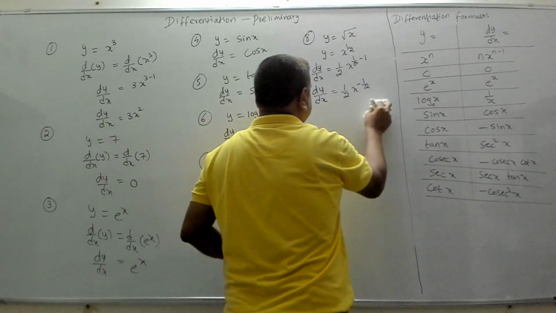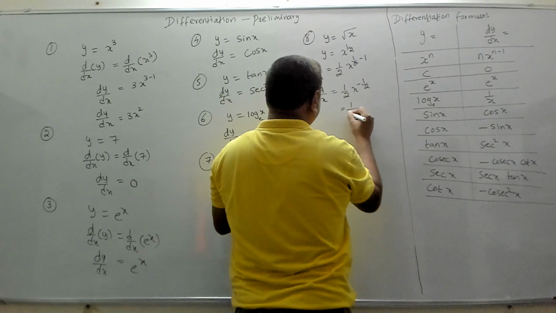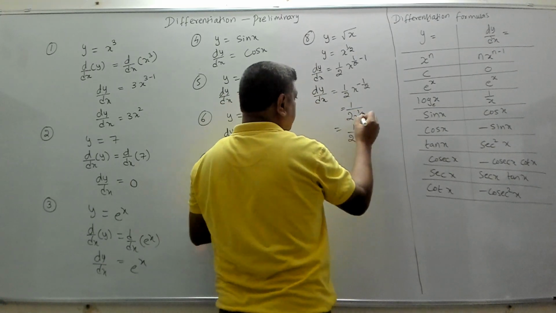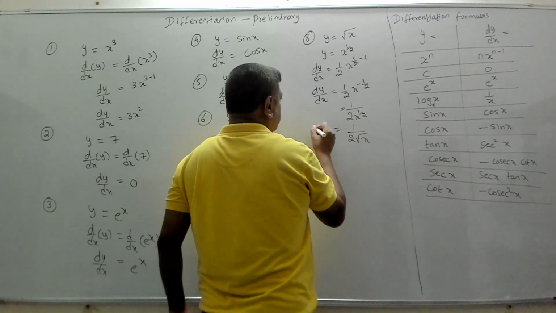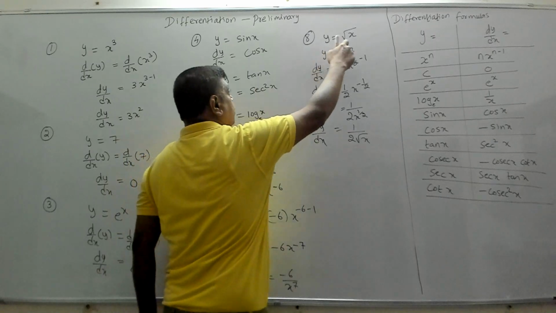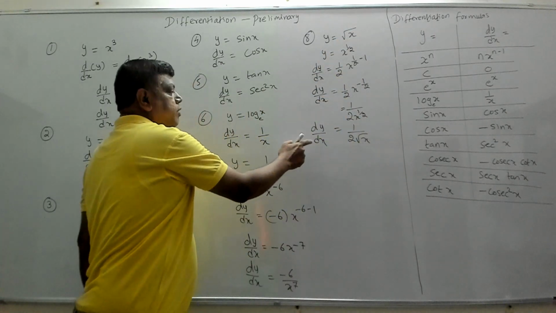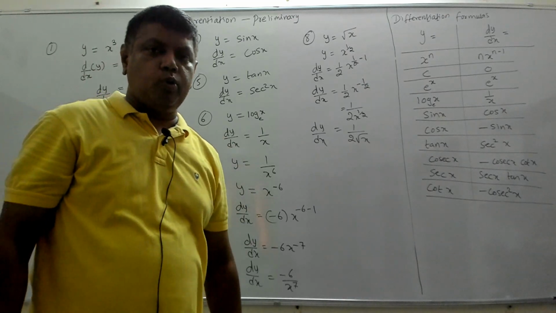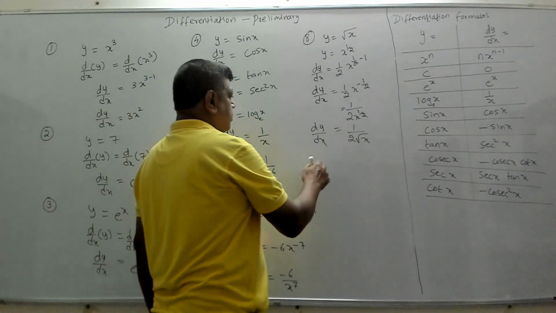Again law of exponents. So this will become 1 by 2 x power 1 by 2, which means root x. So that is your dy by dx. So if y is root of x, then the derivative of that is 1 by 2 root x.